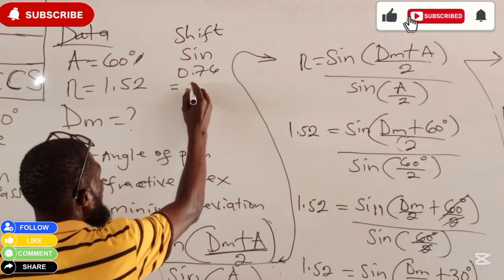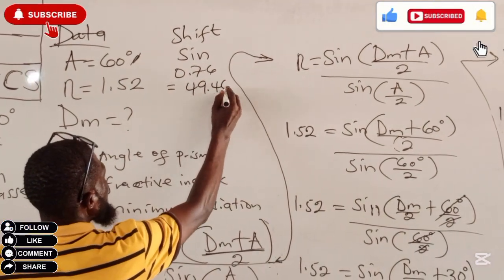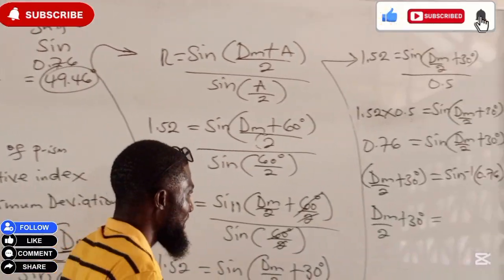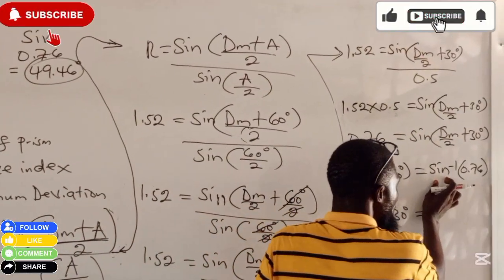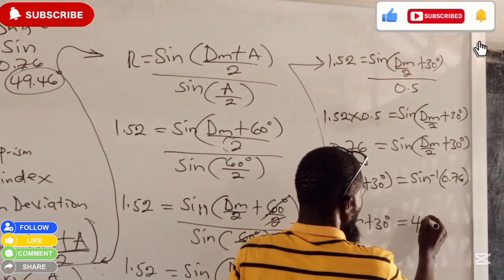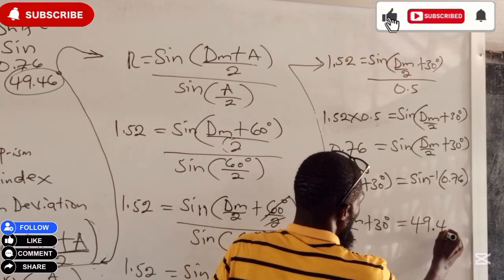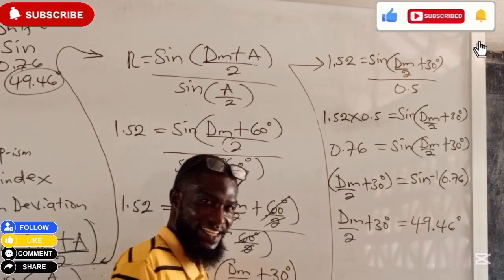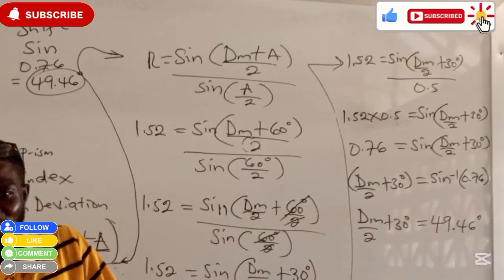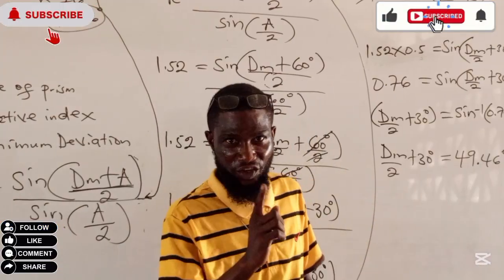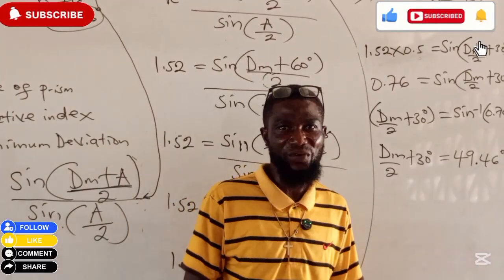Our specific answer will be 49.46 degrees. So that's what we have. So ladies and gentlemen, sin inverse of 0.76 will give 49.46 degrees.